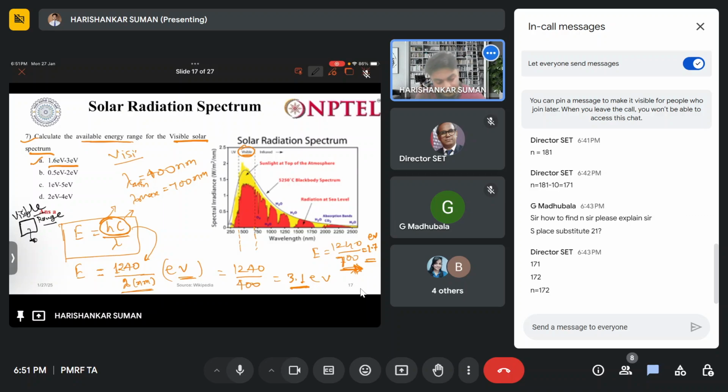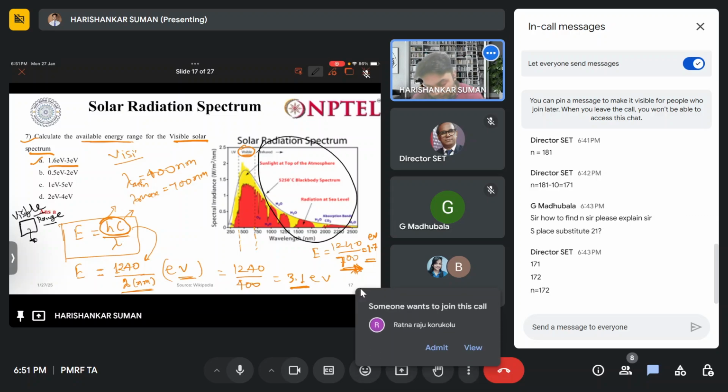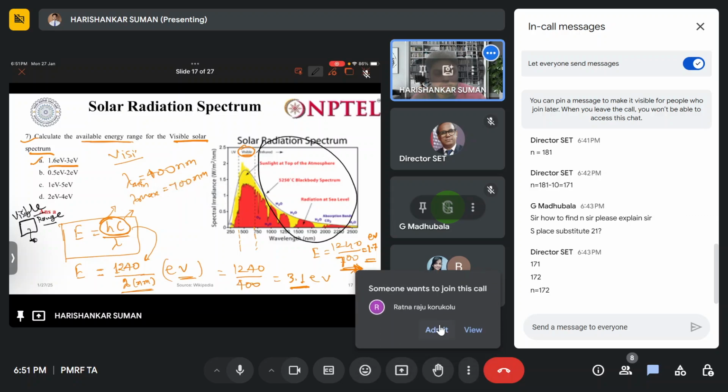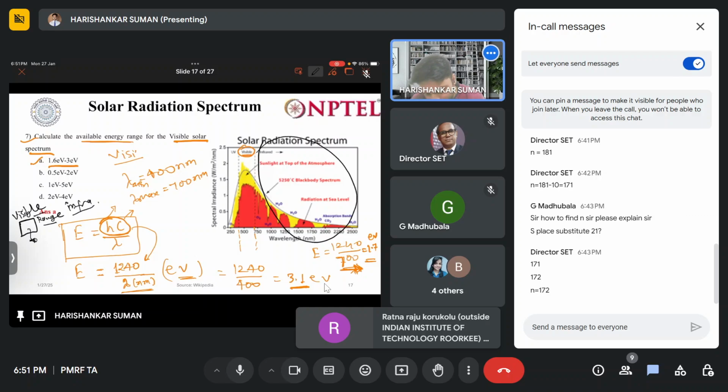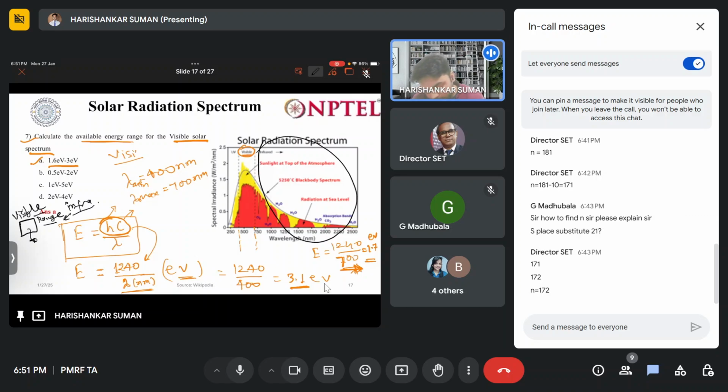If I use infrared, this is infrared, that side, but I am using the infrared spectrum for this material.